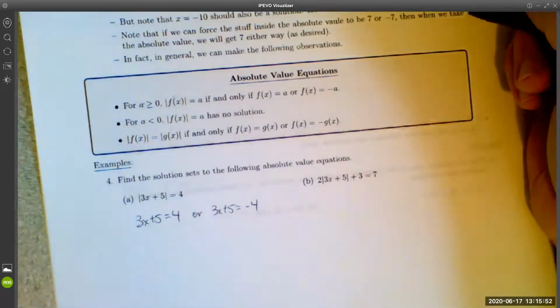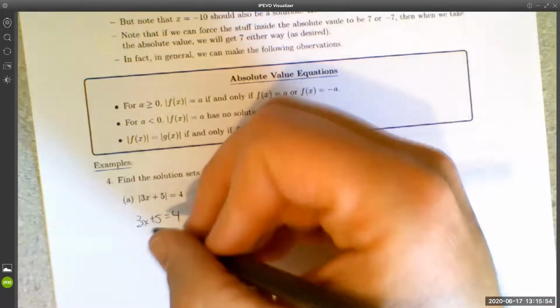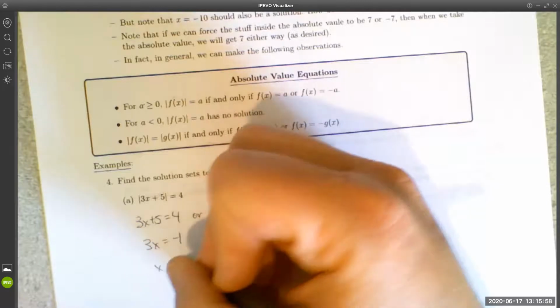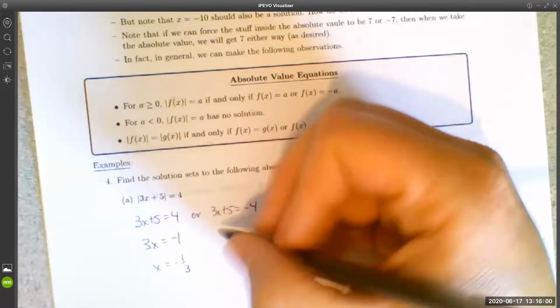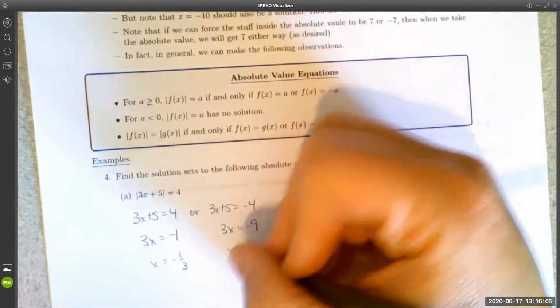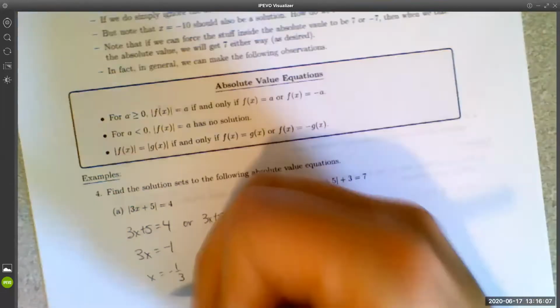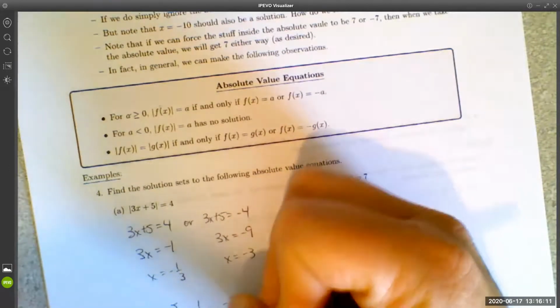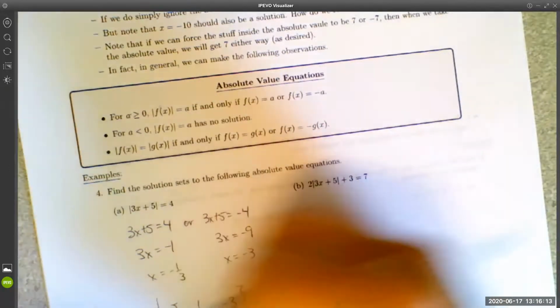Then we can solve each of those equations independently. So I get 3x equals negative 1, x equals negative 1/3, or 3x equals negative 9, x equals negative 3. And so we have two solutions that go into our solution set, negative 1/3 and negative 3. They're both solutions.